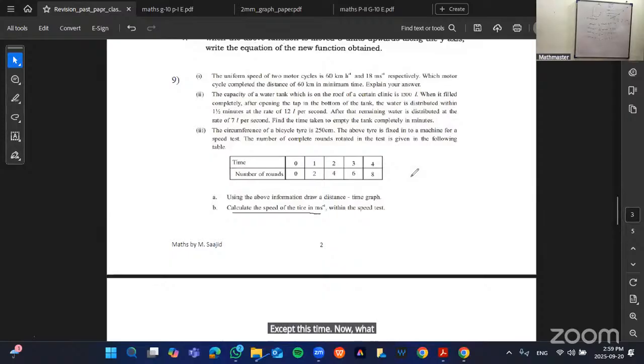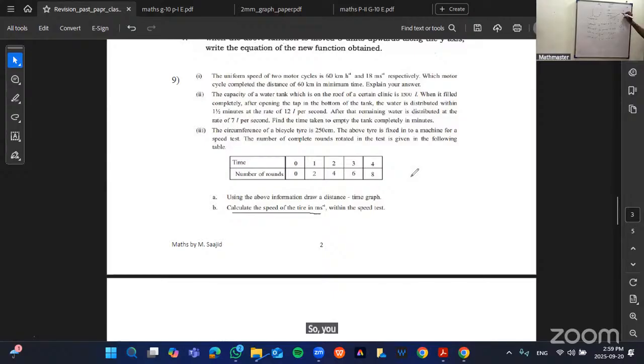Now, what is the gradient of distance and time? The gradient is m, that means y over x, that is distance over time. So what is distance over time? Speed. That means speed is the gradient here.